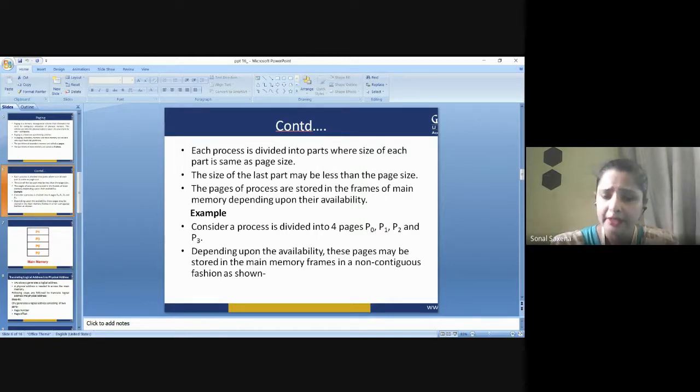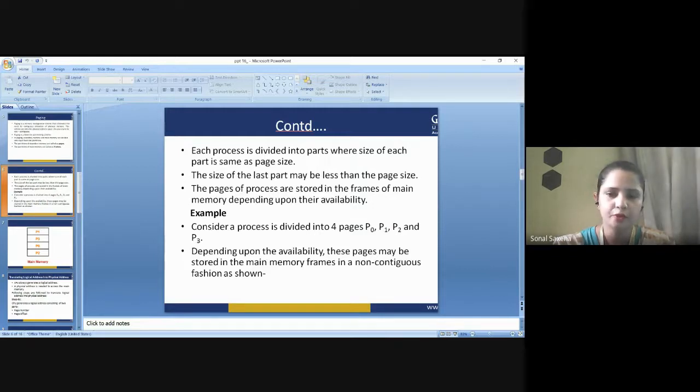Now, depending upon the availability, these pages may be stored in the memory frames in a non-contiguous fashion. If there is available memory inside your main memory, how would we do that? Let's say I want to execute this process.